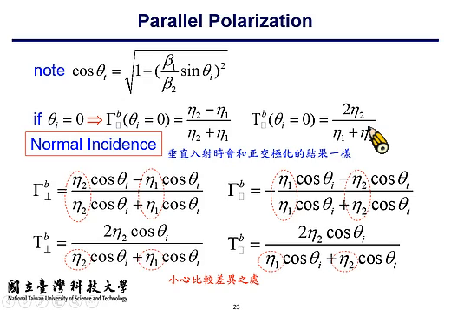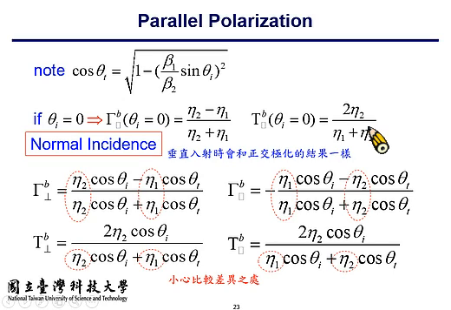But if you compare the reflection and transmission coefficient at the boundary for perpendicular polarization and parallel polarization with an oblique incident angle, that is, a non-zero theta i, can you tell the difference?